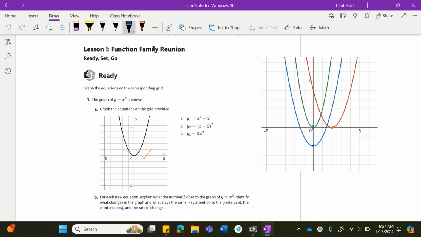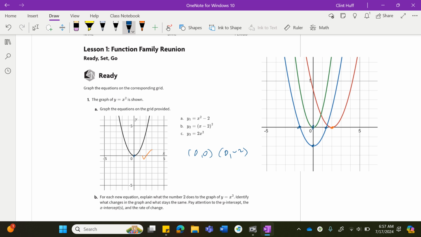So what just happened? On the first one, x squared minus 2, our y-intercept changed from (0, 0) to (0, -2). Our x-intercepts, which originally was just one at (0, 0), are now two, at (-√2, 0) and (√2, 0). Rate of change, the slopes of the sides, stays the same. The next one, pretty much the same.